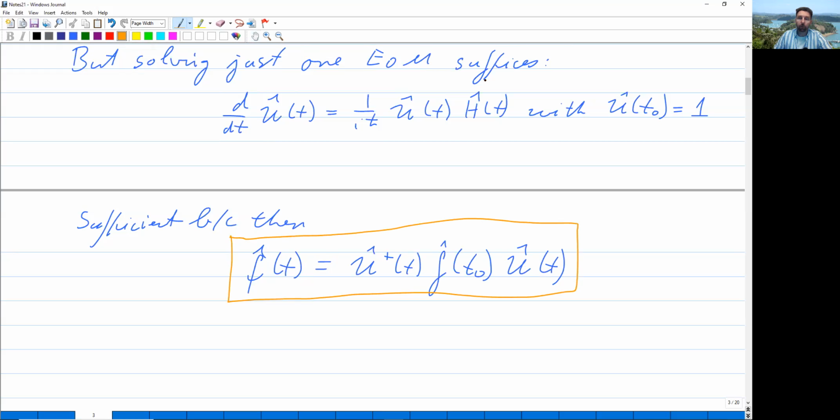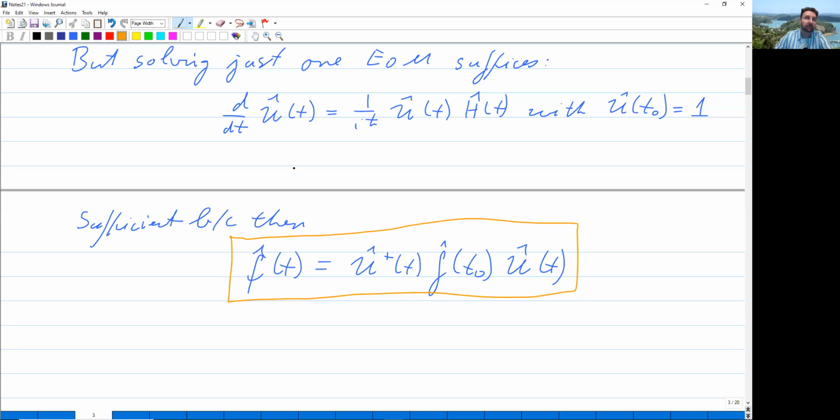All right, so we have reduced the problem of solving 6n operator-valued differential equations to the problem of solving just one differential equation for an operator-valued function, namely for this time evolution operator U hat of t.